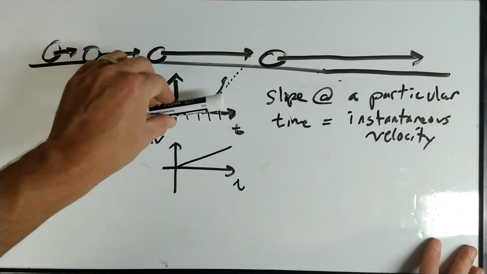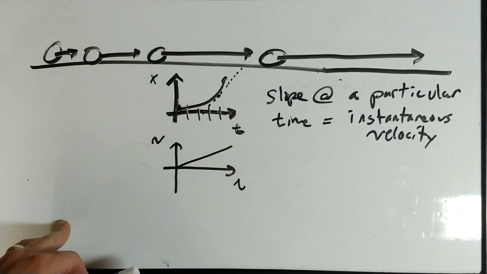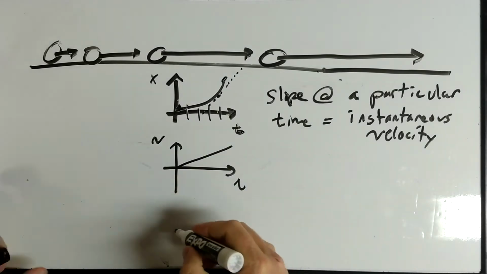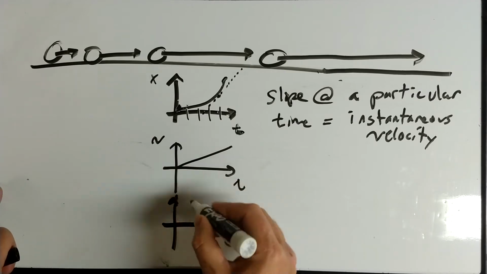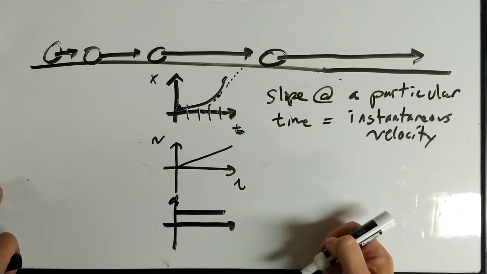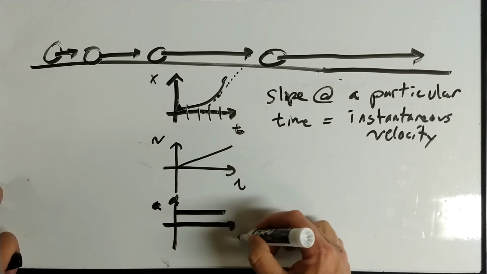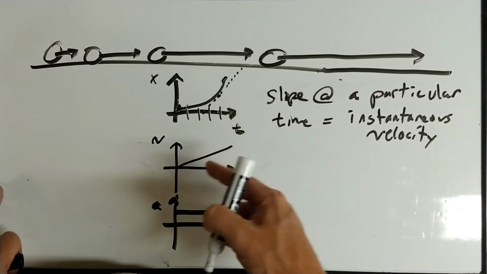As the slope of the position versus time graph gets steeper, the velocity of the ball is increasing. So that positive slope on the velocity graph gives me a positive acceleration. Positive constant acceleration versus time. There we go.